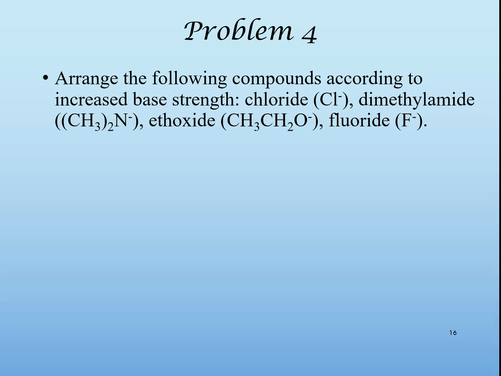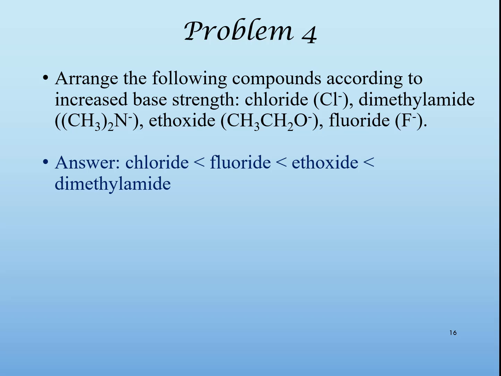Let's look at the base strengths of chloride, dimethylamide, hydroxide, and fluoride. The chloride ion is the weakest base because it's the conjugate base of the strongest acid, hydrochloric acid, followed by the fluoride ion, which has hydrofluoric acid as the conjugate acid, which is considered a weak acid.